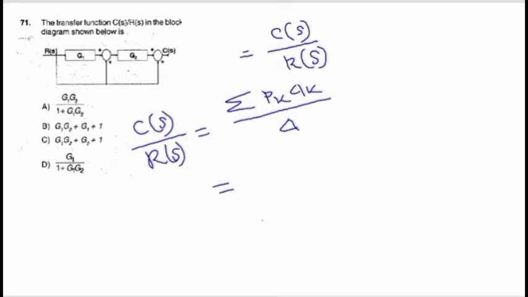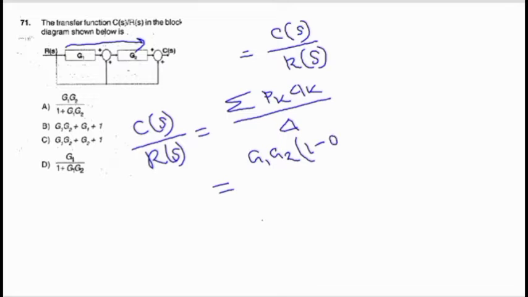Starting from R(s) we can go through G1 and G2. So G1 G2 is the first one. And what is delta k? Delta k is 1 minus loops that are not touching the kth forward path. First of all, you can see there is no loop, right? These are again forward paths.